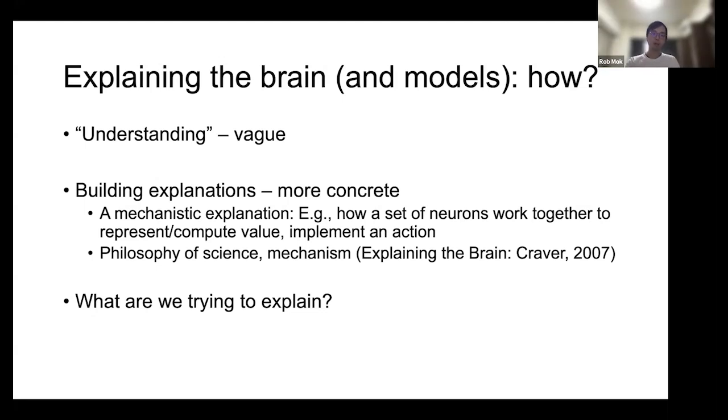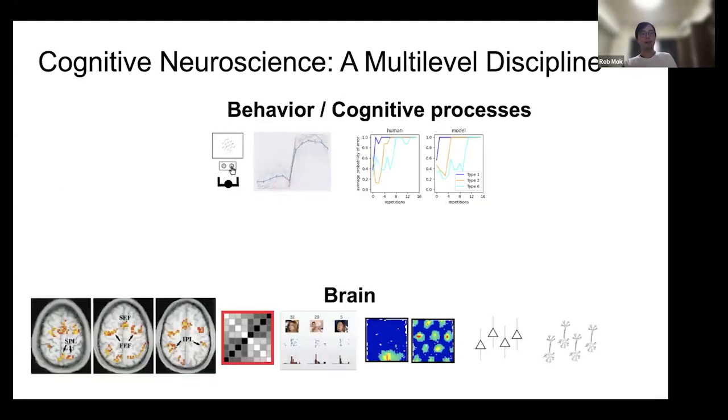So what are we trying to explain? Various things exist in our field. There are human behaviors or model behaviors, and we're trying to potentially explain how we are able to do those interesting behaviors, like maybe what cognitive capacity allows us to do that.